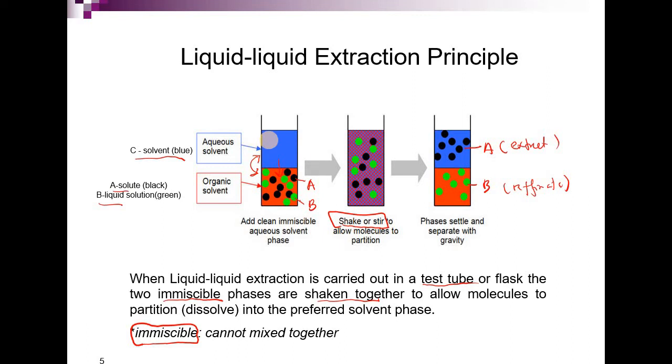Okay, so that is what we call immiscible, cannot mix together. So if the solvent can mix with the feed, or the liquid mixture, the liquid extraction cannot happen.